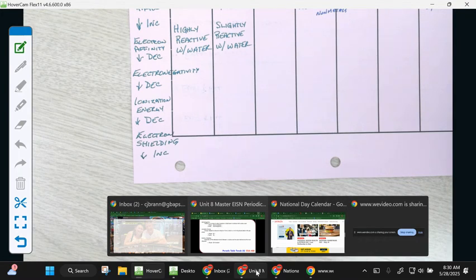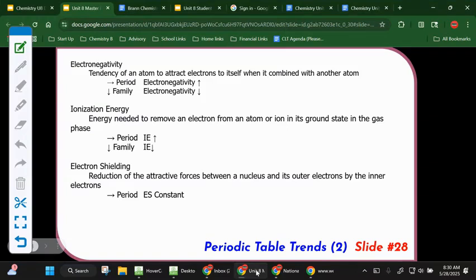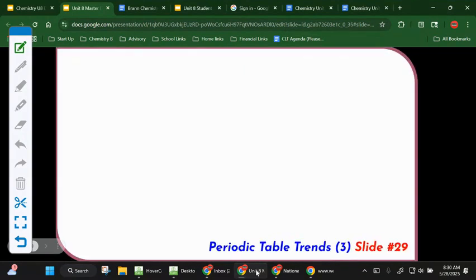Questions? We're good? Okay. Oxidizing agents. Oxidizing agents, ladies and gentlemen, are substances that cause another substance to be oxidized.